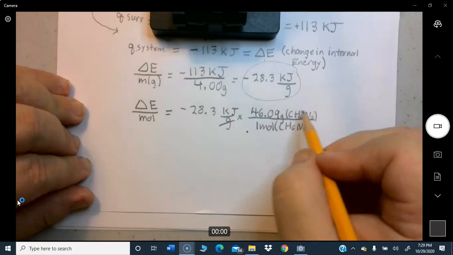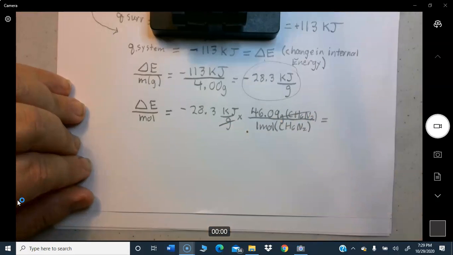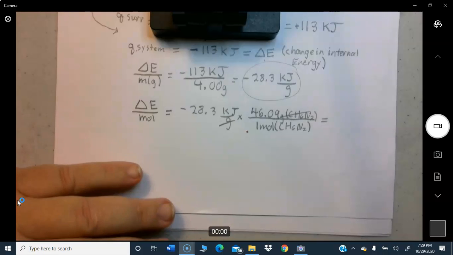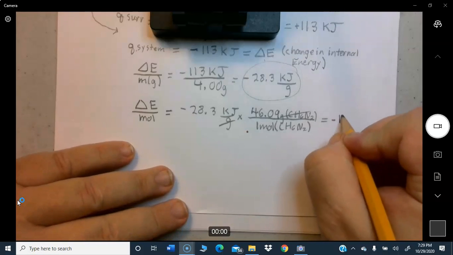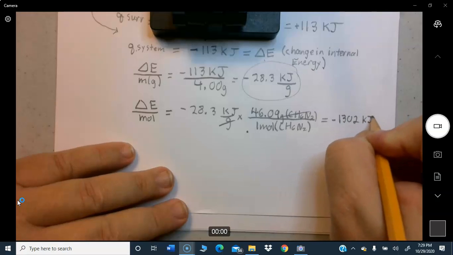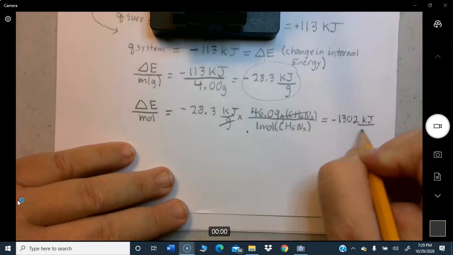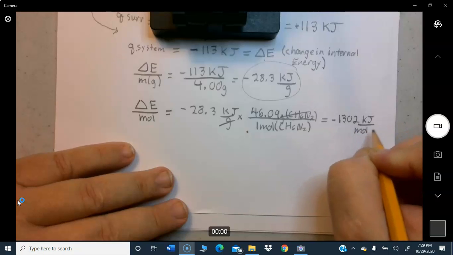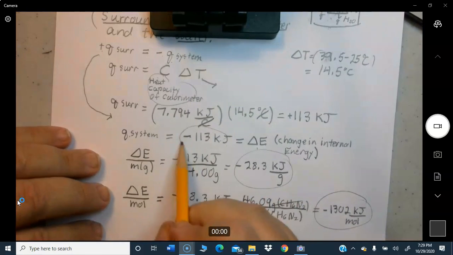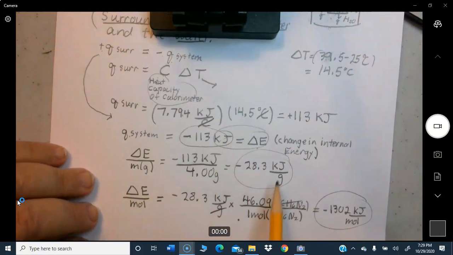Okay, grams cancels with grams. And what we get is negative 1302, and I'm kind of ignoring sig figs right now, per mole of the rocket fuel. Okay, so there are all the answers right there. It's delta E. If it's per gram, it's that. And if it's per mole, it's that.